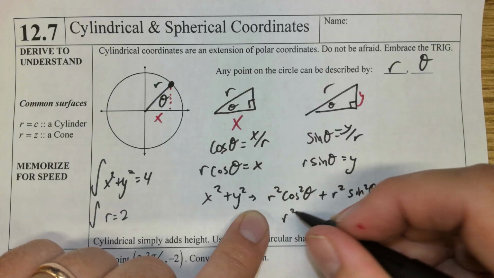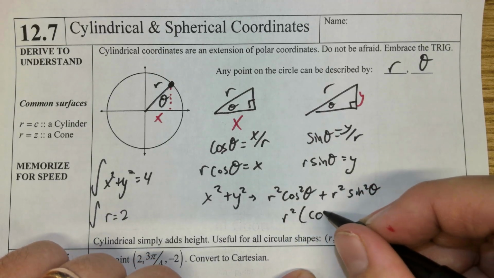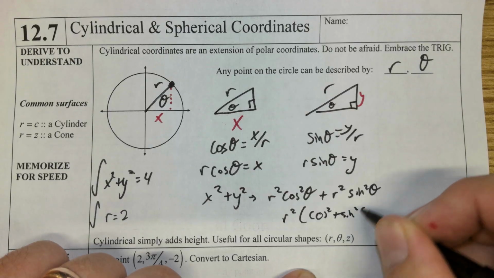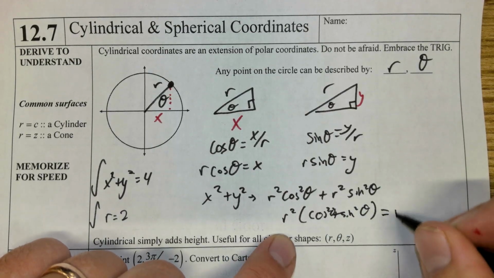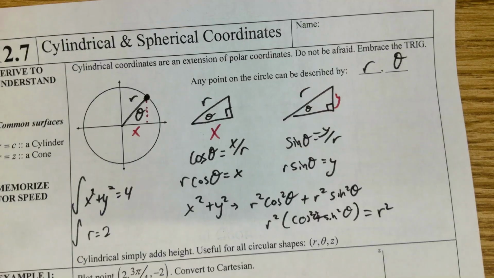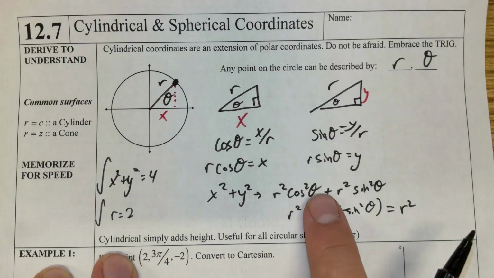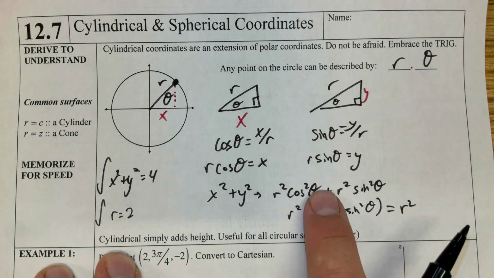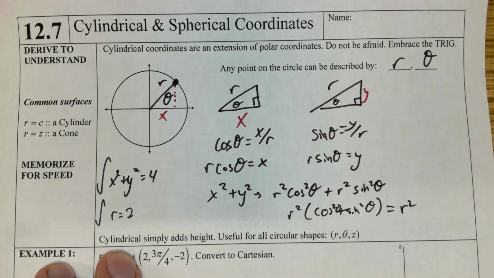Well, this just becomes r squared times cos squared plus sine squared, which I know makes 1. And then I'd be able to root both sides. So that's why this gets so much nicer. It's because of that identity, cosine squared plus sine squared.